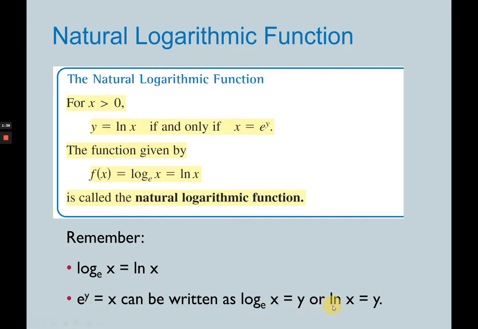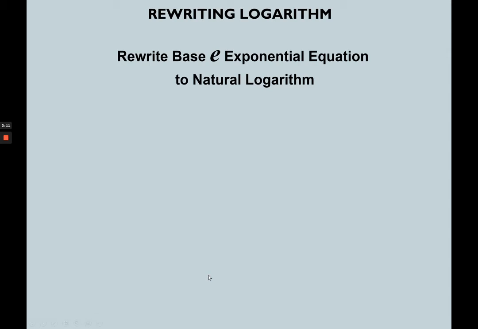So you have ln of x is equal to y as the logarithmic form of the exponential equation e raised to y is equal to x. Remember, e is Euler's constant, 2.71 and onwards. It's an approximate value, but to give an exact value, we use the letter e to represent that value.